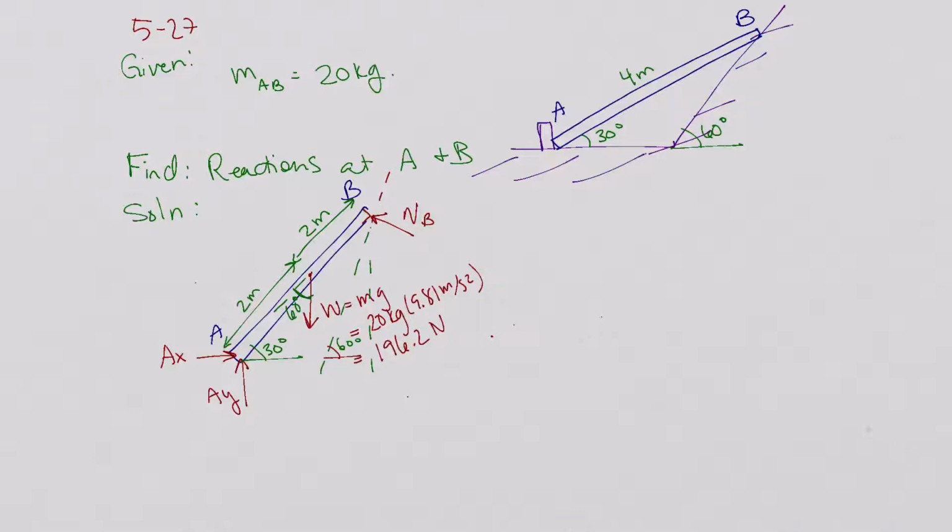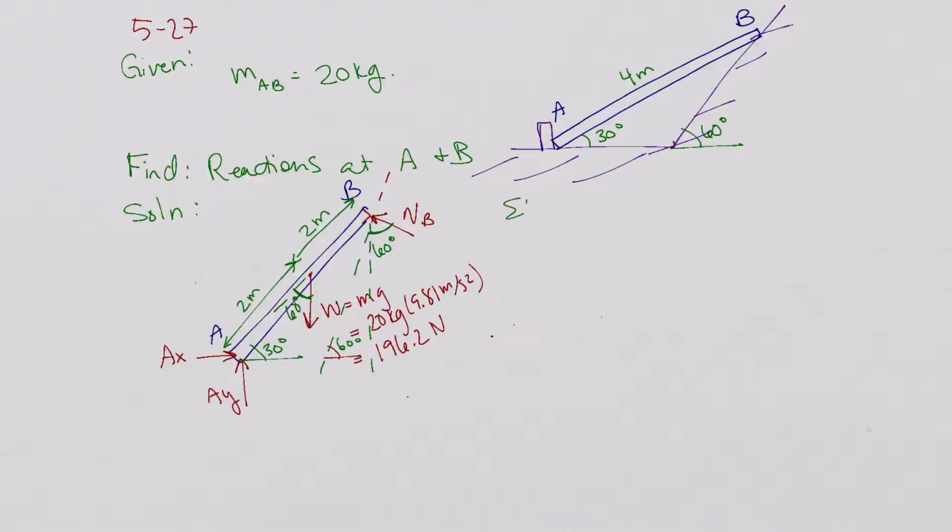So we also know that this angle right here would be 60 degrees, and that's just to the horizontal here. All right, a little bit messy diagram. I apologize for that. So we have 3 unknowns, 3 equations, so we should be good.